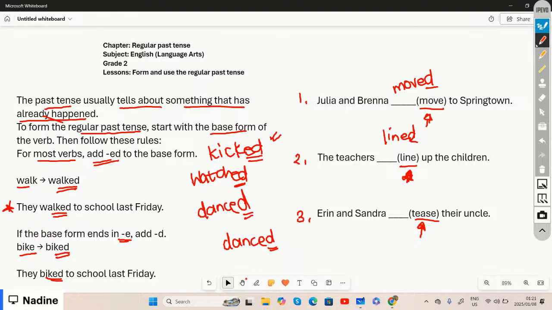If we were to write that in the past tense, then we can say Erin and Sandra teased their uncle. Teased. So we change that word from the present tense to the past tense by adding a D to the verb to show the past tense form of that word.